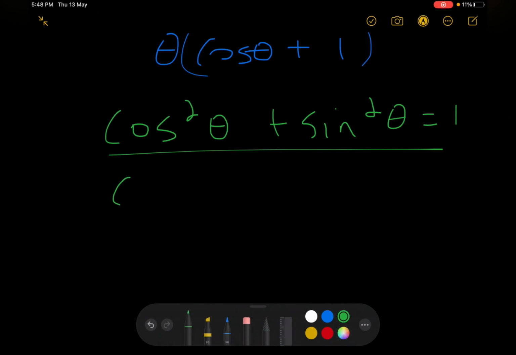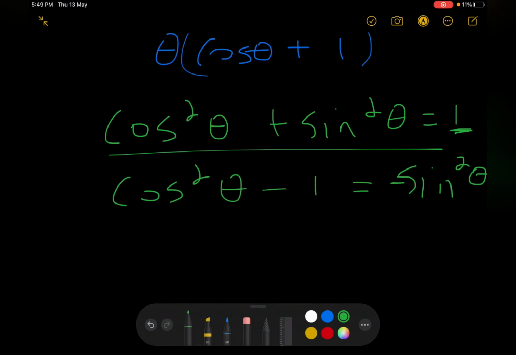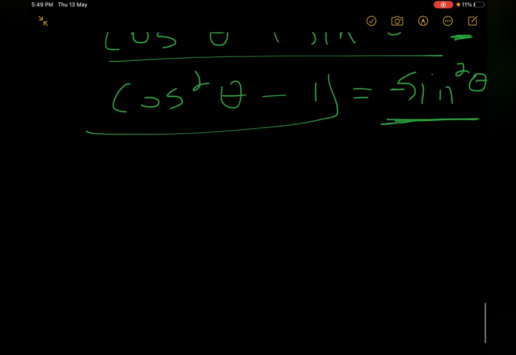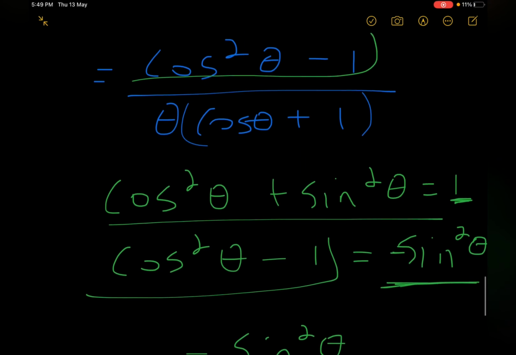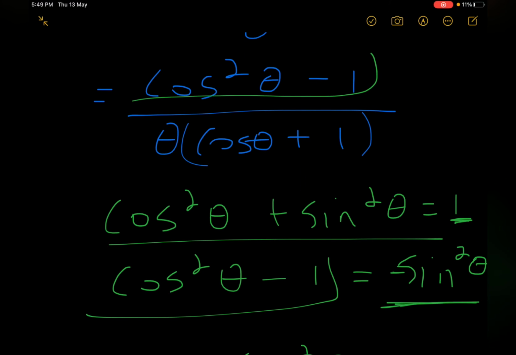So you would have cosine squared theta minus 1 equal to a negative sine squared theta, since there's a plus. So this is what is on the numerator. So we can replace it with negative sine squared theta. So what we do is this. Negative sine squared theta over, let's look at what was in the denominator, theta times the bracket cos theta plus 1.